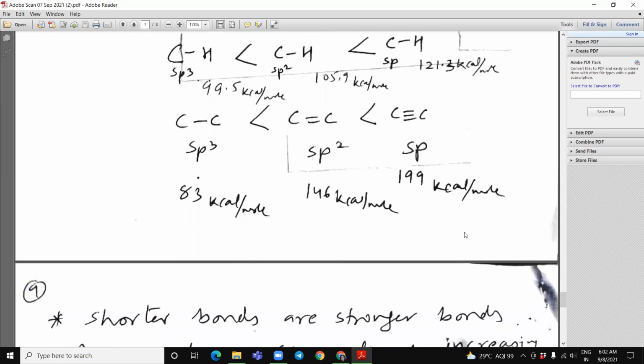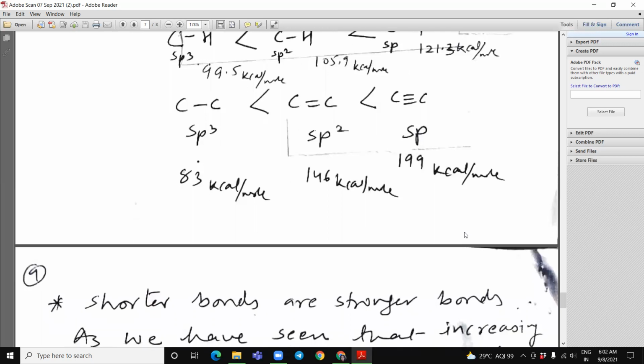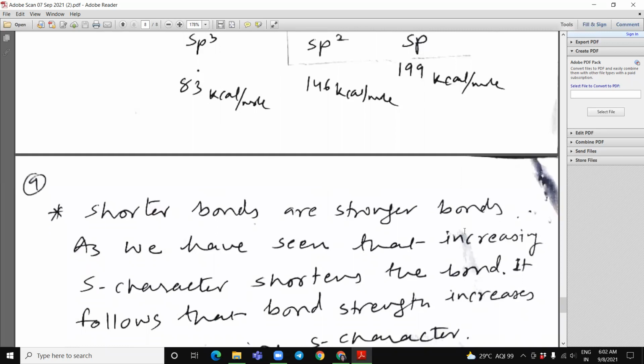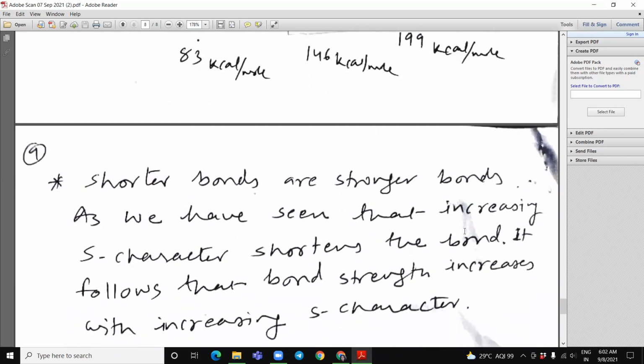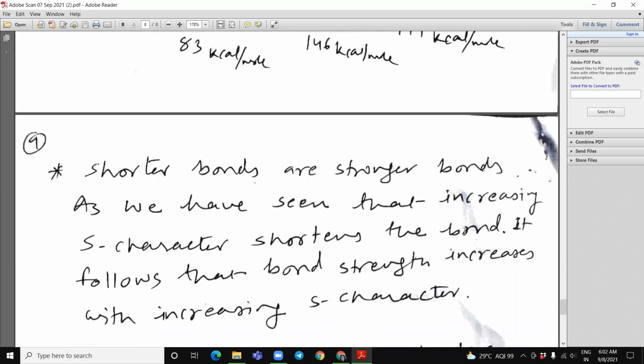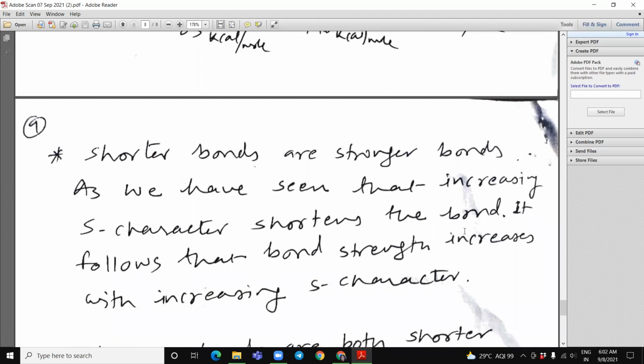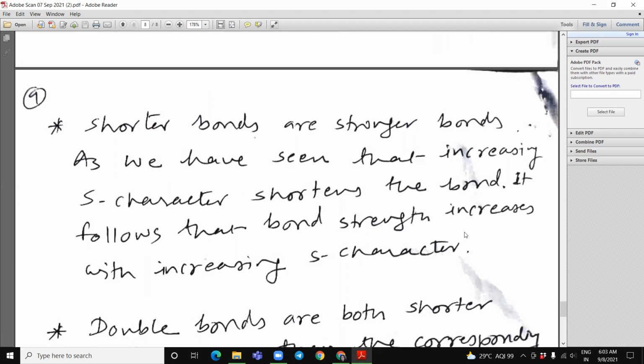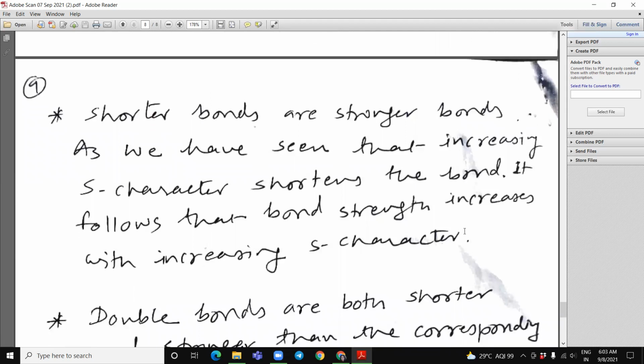So this is also a factor responsible for bond energy. As we have seen, increasing s character shortens the bond. It follows that bond strength increases with increasing s character.